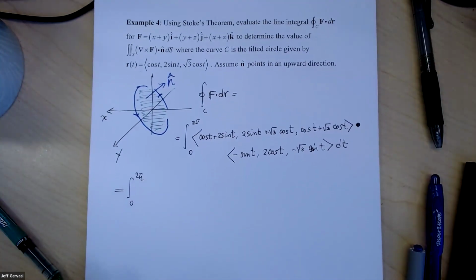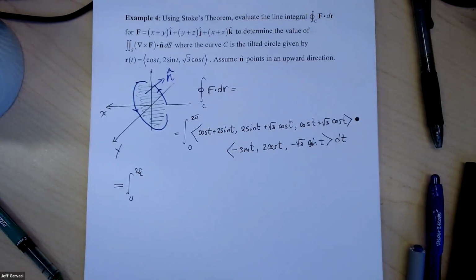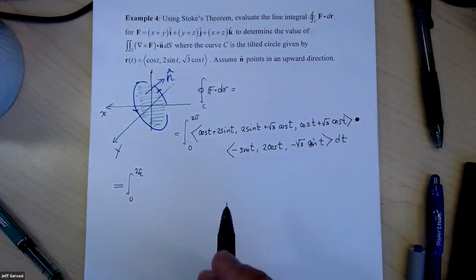Okay. Multiplying corresponding components and adding them together, right? We're calculating the dot product. You should get the following.